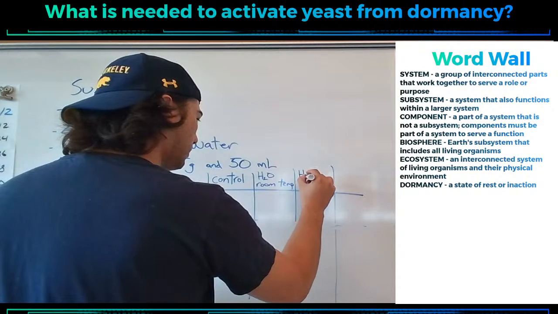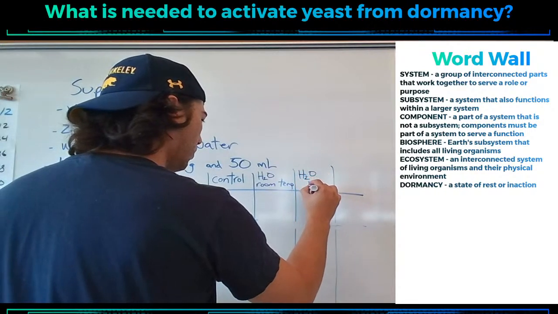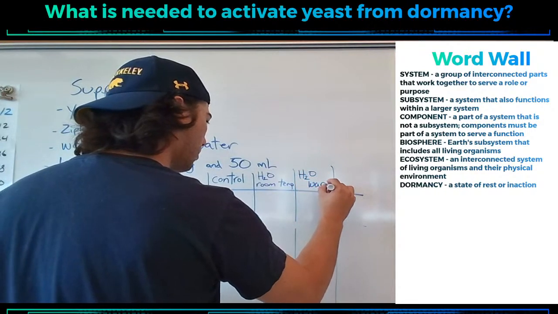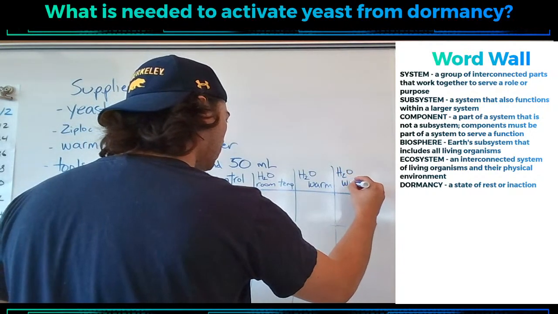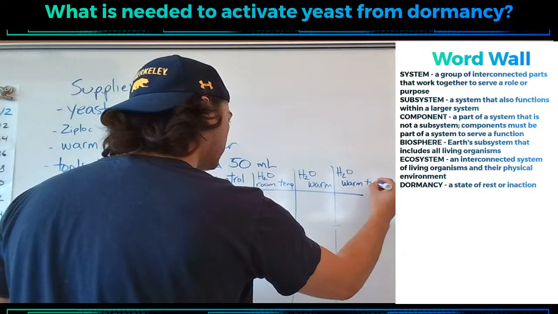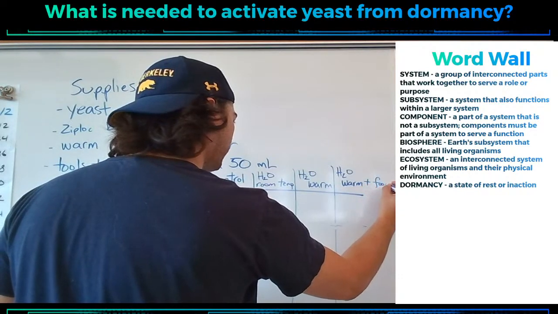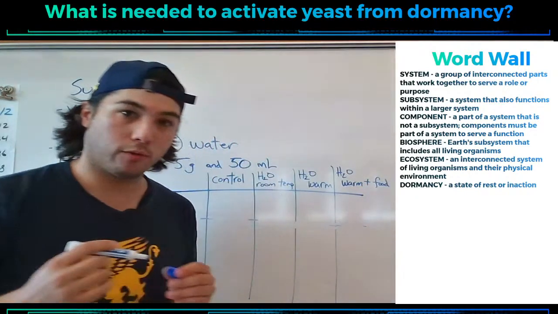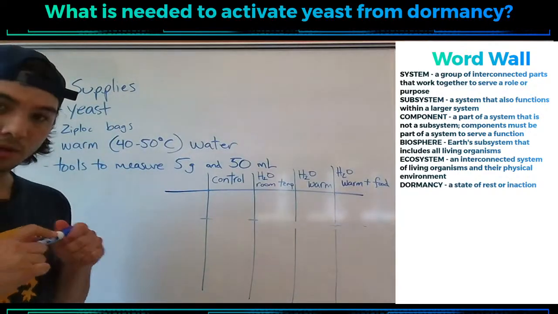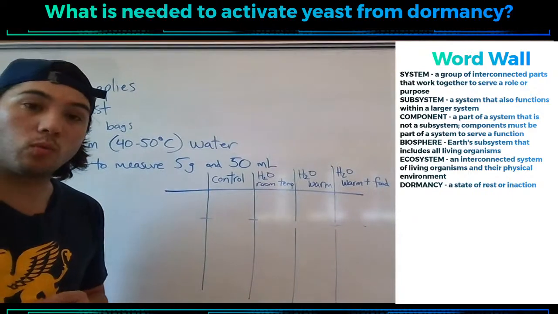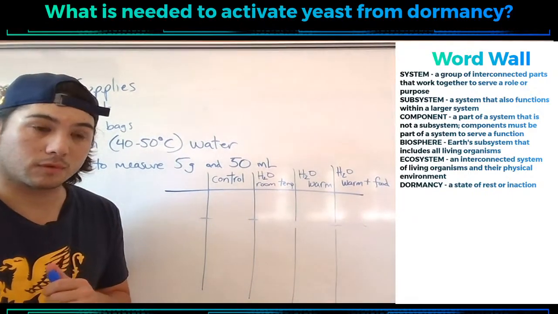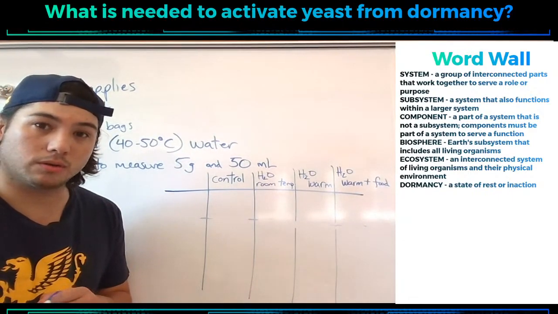And then I'm going to go here, H2O warm, and H2O warm plus food. And for each of these columns below, I want you to write in what you notice and what you see.